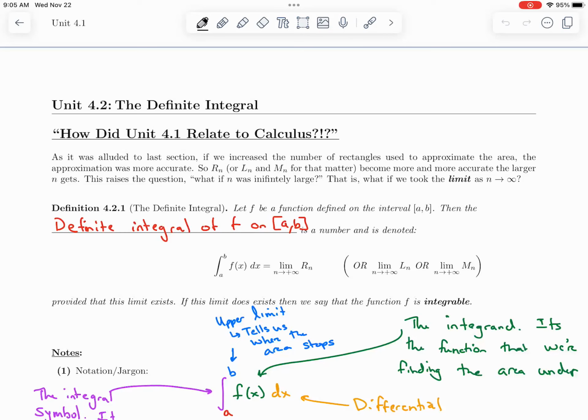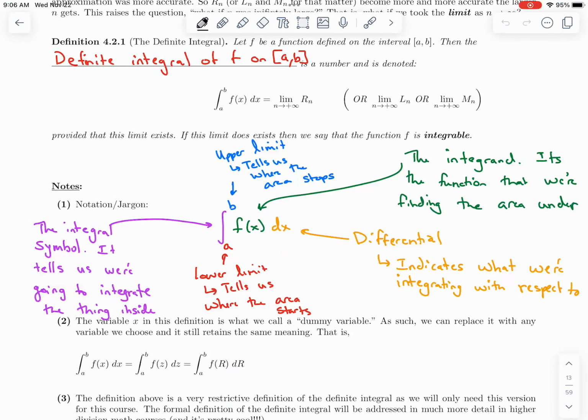And if we remember how that's formed by taking a fixed width for each rectangle, and then the height of each rectangle is dependent upon the function itself. So that is your height.